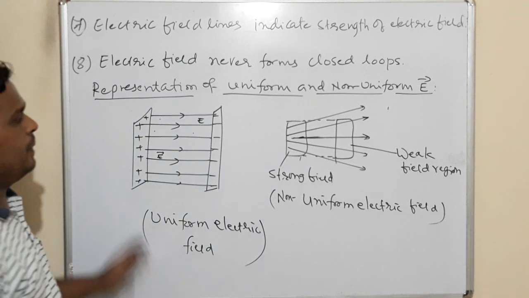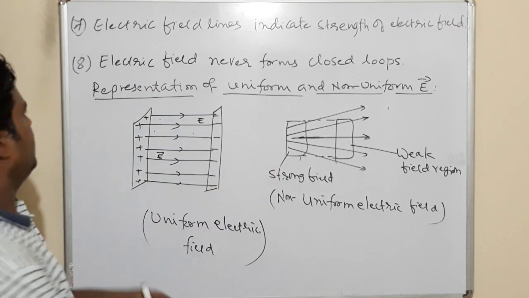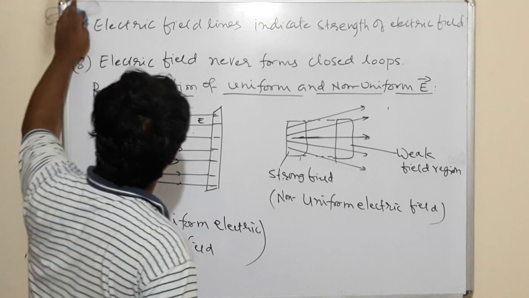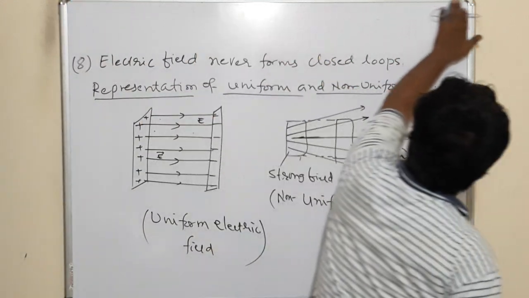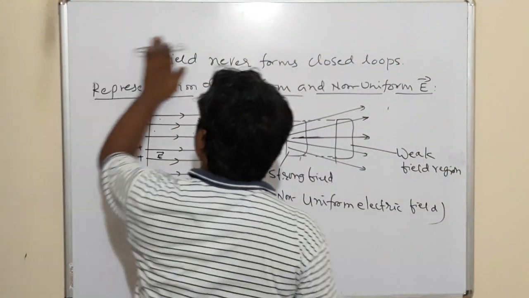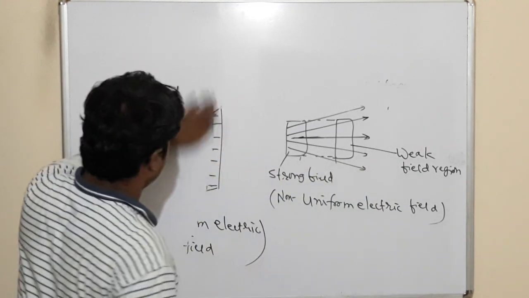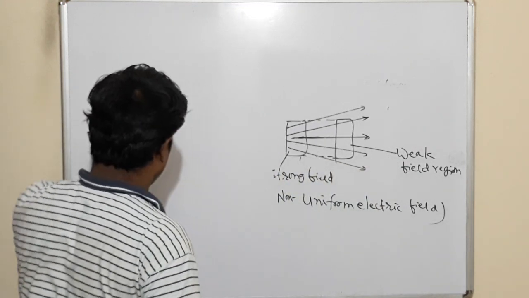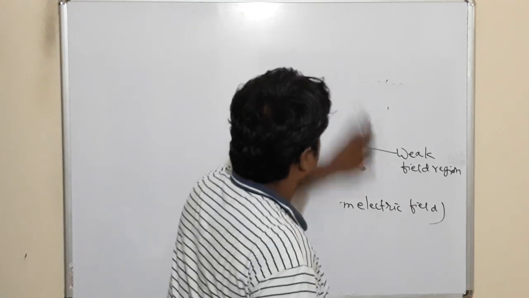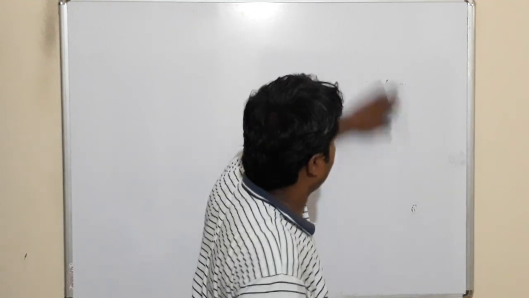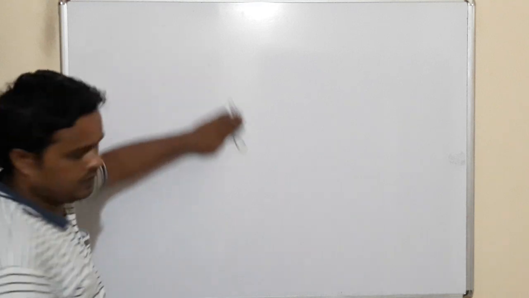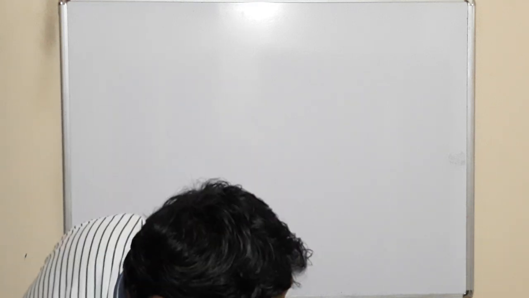Okay? Uniform and non-uniform electric field. Some 2-3 examples we'll see, including some NCERT problems. 1 or 2 NCERT problems are also there.